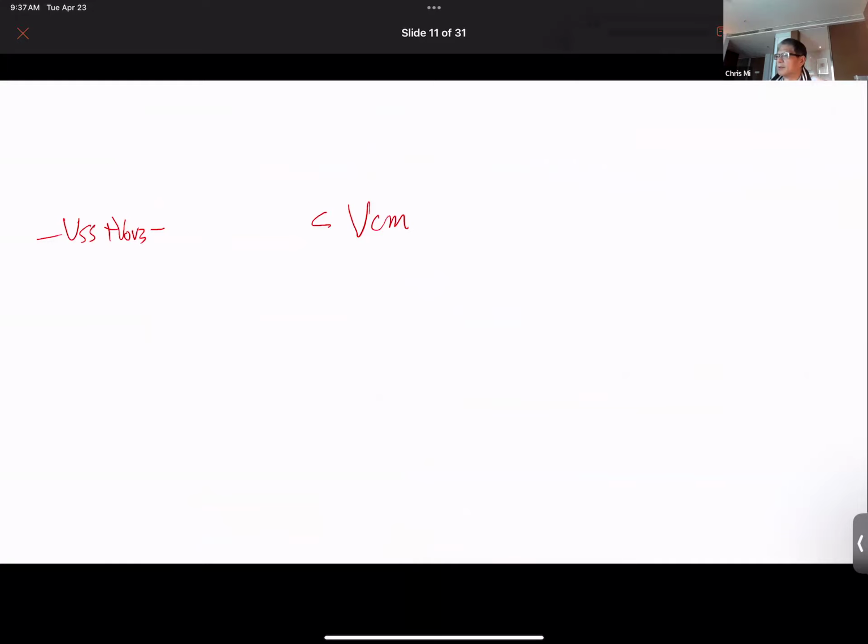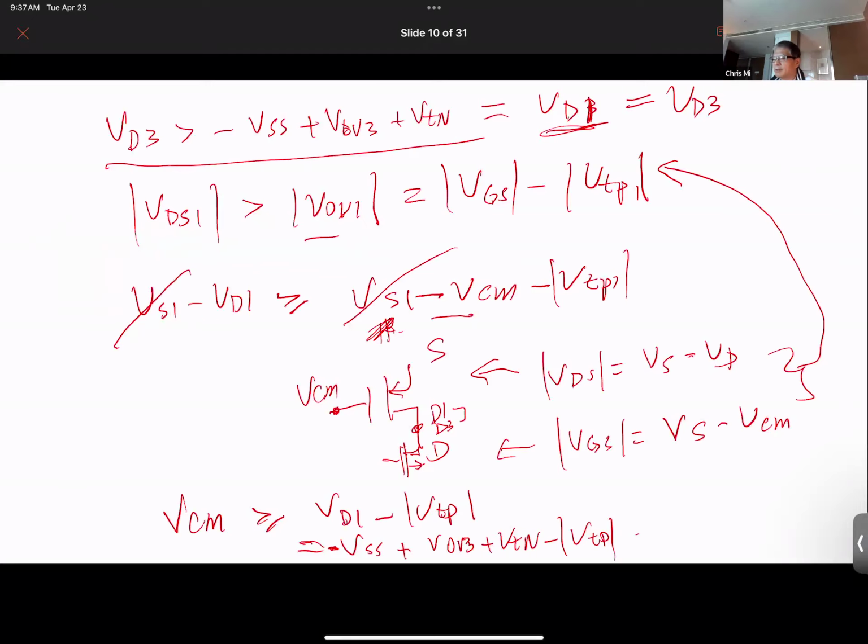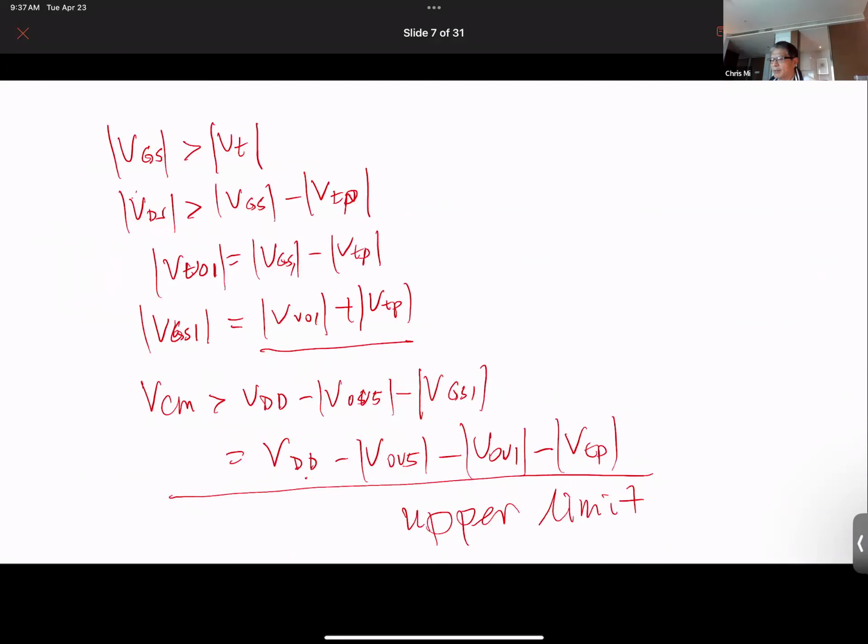This is the lower bound for VCM. And we also already derived the upper bound, which is in the earlier slide: VDD minus VOV5 minus VOV1 minus VTP.